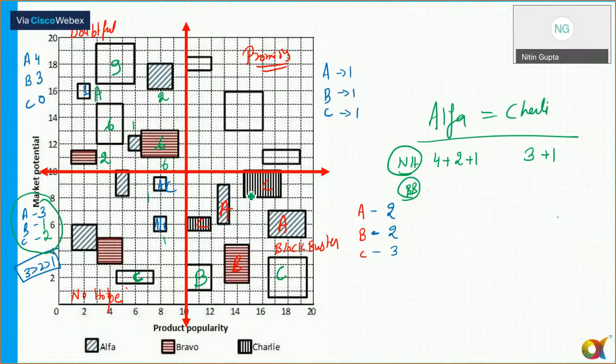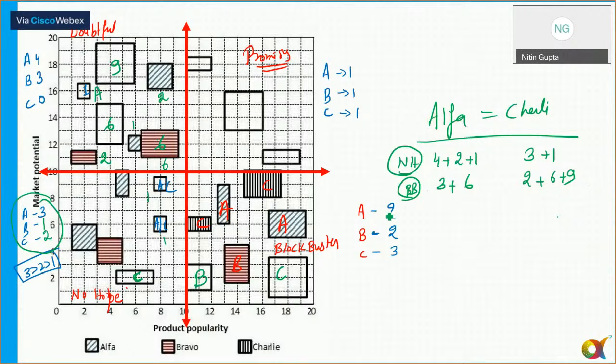One of them, the blue one, is 3, and the other is 3 into 2, which is 6. Charlie has only one company, with area 2 into 3, that is 6, so it is equal to 9.